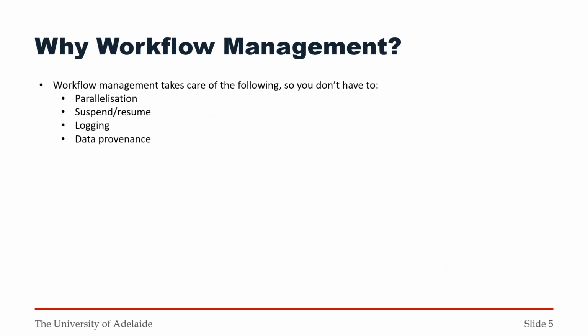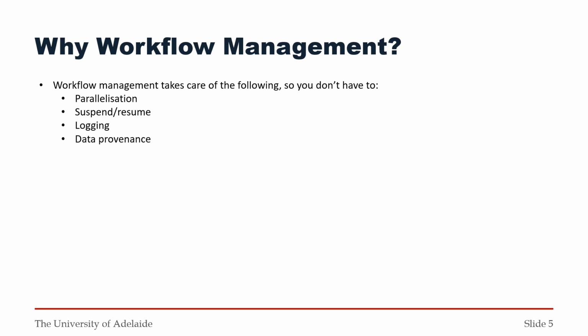So why have a workflow management system? There are many out there. I think probably the two that are most common are Snakemake and Nextflow. I'm talking about Snakemake today. The idea behind a workflow management system is that it's able to parallelize the tasks that are required.